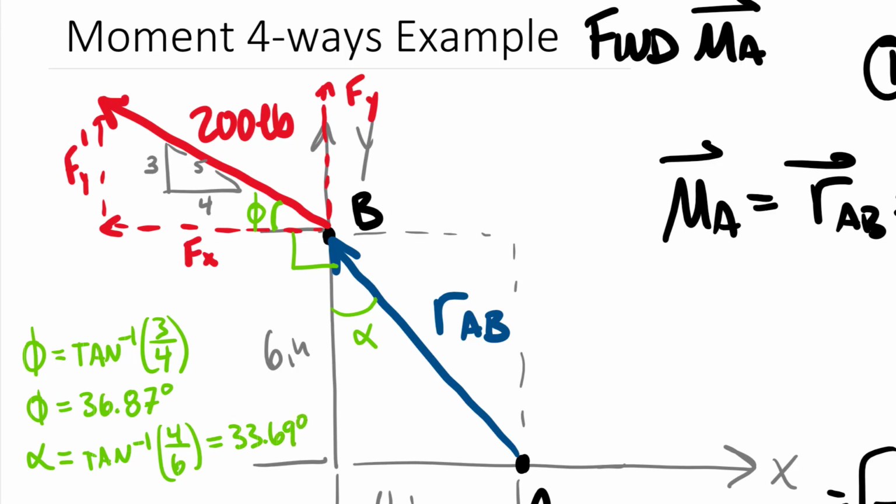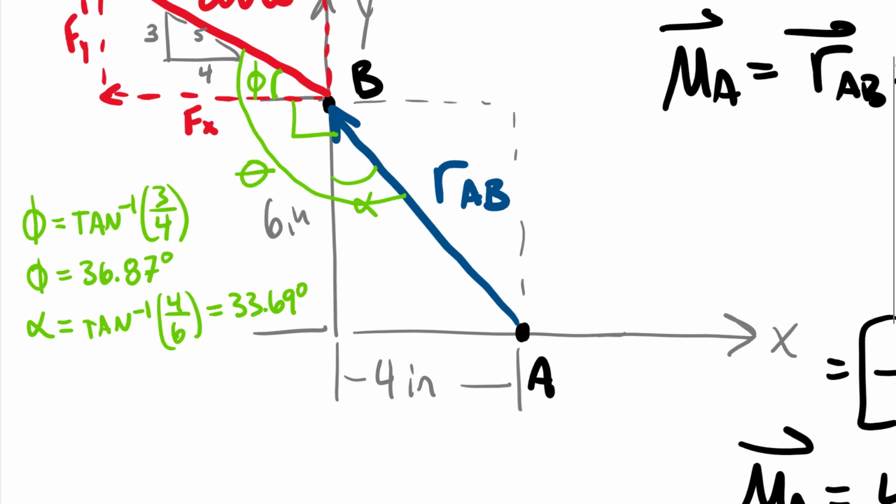So in order to find my overall angle, all the way from here to here, call this angle theta, we could find that theta is equal to 90 degrees plus 36.87 degrees plus 33.69 degrees, which gives me a theta value of 160.56.